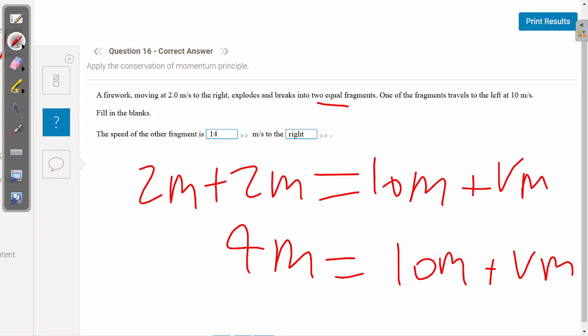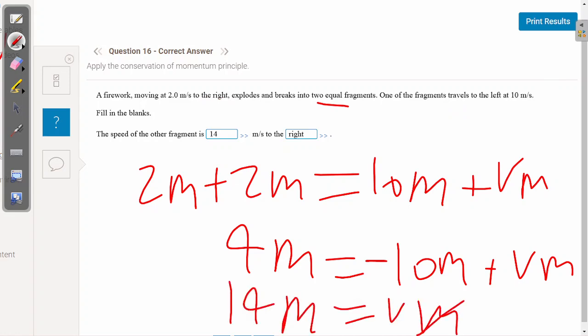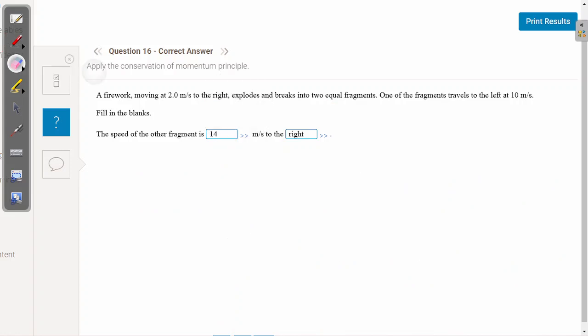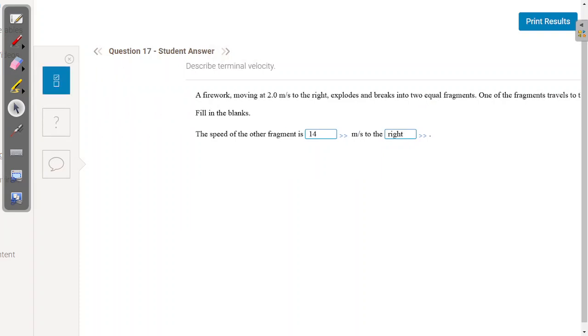Sorry, this one is negative 10 because it said travels to the left and it starts from the right. So it's negative 10m. Add the 10 to this side, it will be 14m equals vm. Cancel the m, v is 14. So it's positive, to the right, because we chose the right to be positive, we made the left negative.